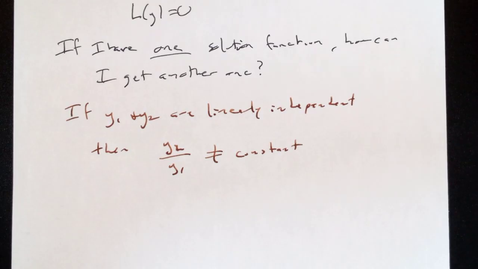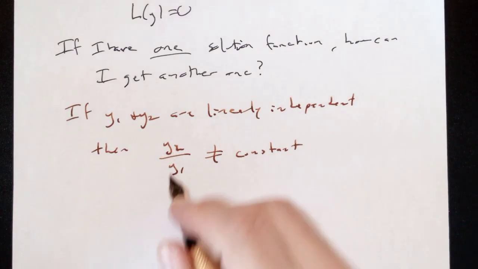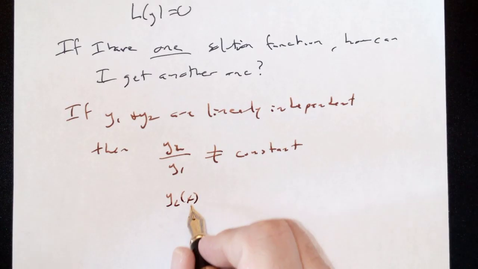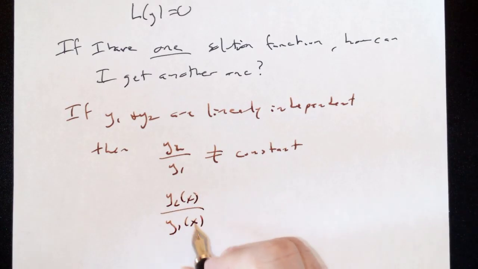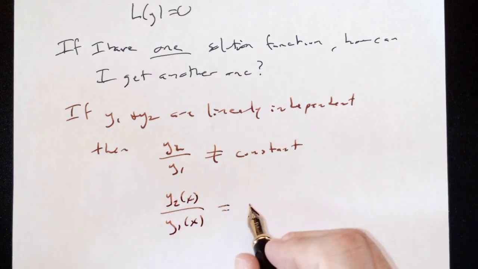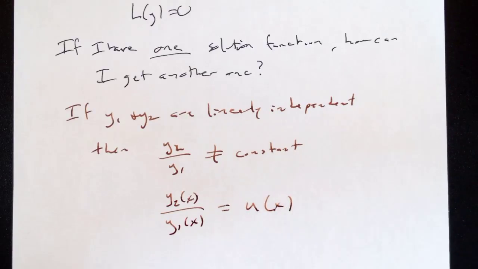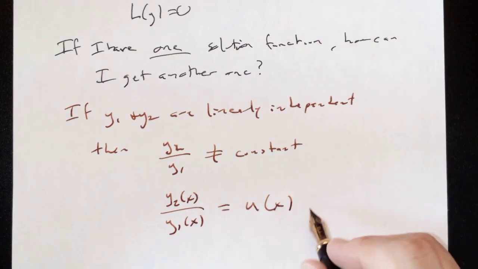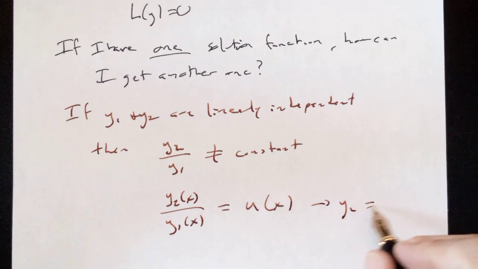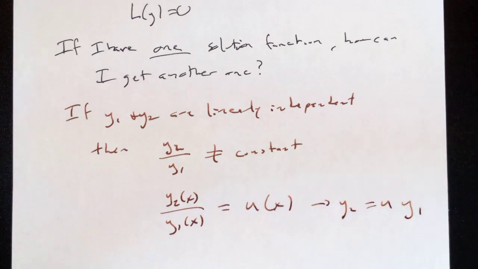All right. So these are both functions of x, which means if that's not a constant, I get another function of x. I don't know what this u is, but it's some other function. Well, if that's true, then I can write y2 as u times y1, where both of those are functions.